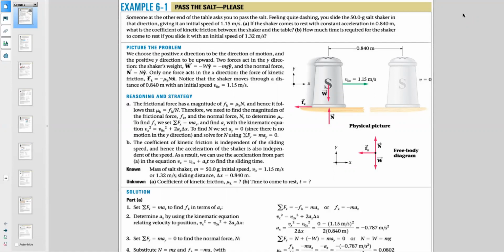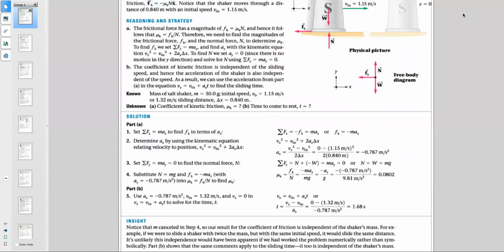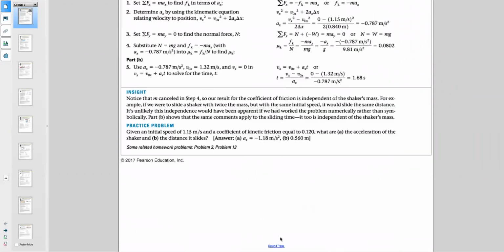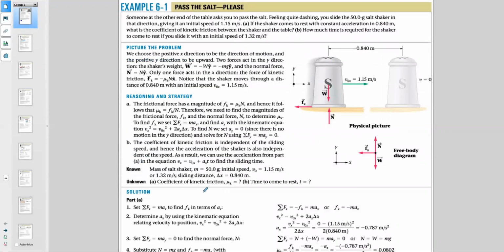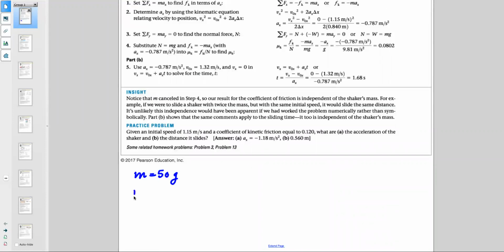Okay, so we have a 50-gram salt shaker. So m is 50 grams, okay, and you slide the 50-gram salt shaker in the direction given with an initial speed of 1.15 meters per second.